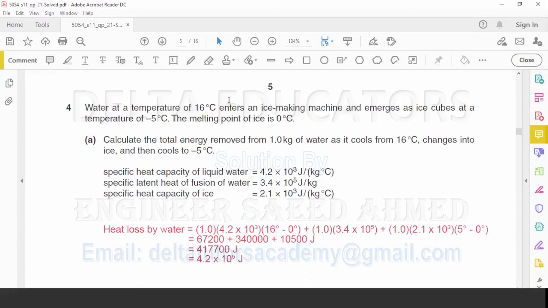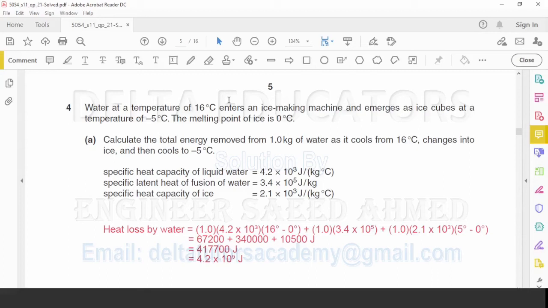Then at 0 degrees centigrade, this water is converting to ice. So here again some heat is removed to convert this water into ice. When all the water is converted to ice, its temperature again starts to fall, from 0 to -5 degrees centigrade.